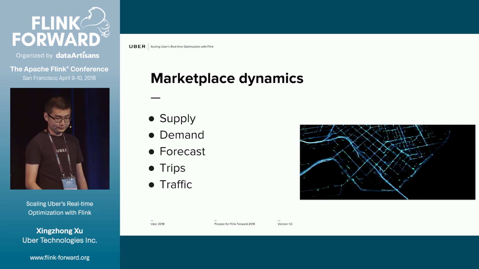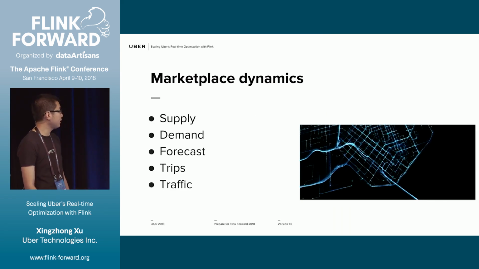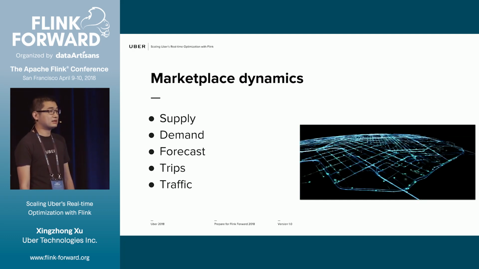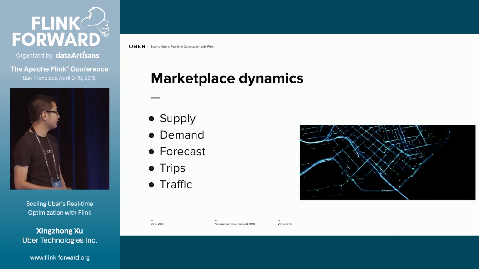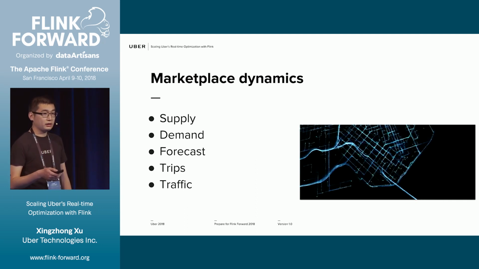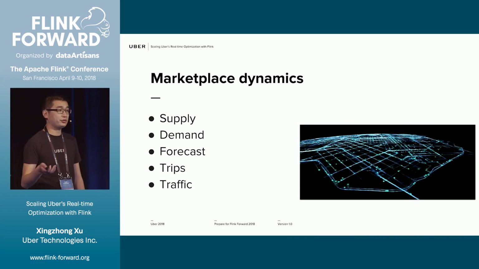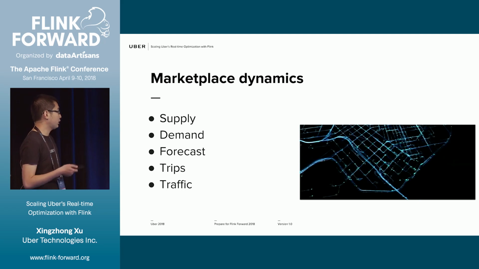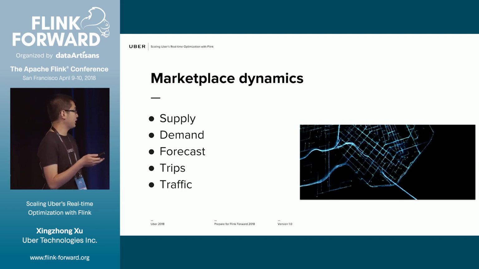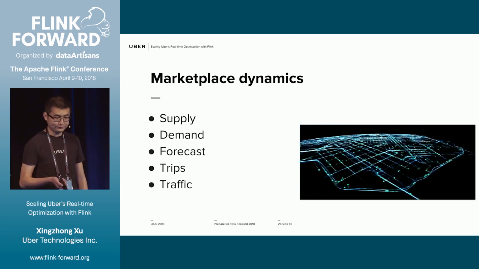I'll talk about that later. First, let me define what a marketplace dynamic is. This is a concept we just made up. Essentially, it's an understanding or interpretation of the current market. As you can imagine, Uber is definitely interested in past, current and future supply and demand. We also care about current trips and current traffic. There are a lot of things we are interested in about the current market.